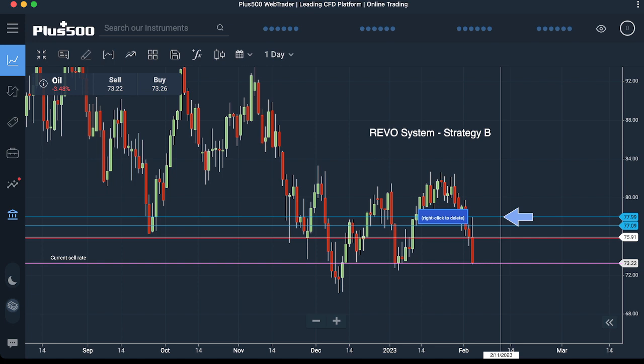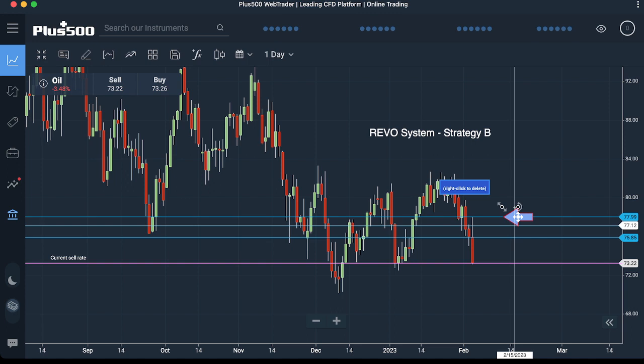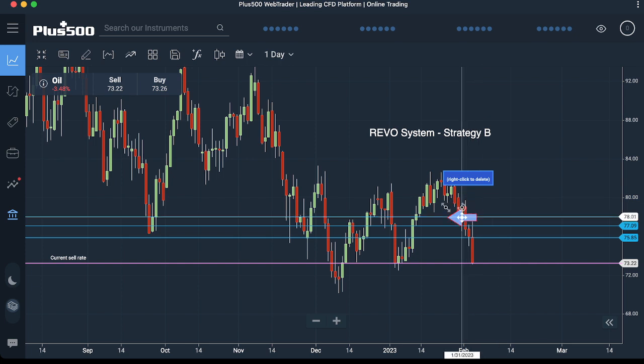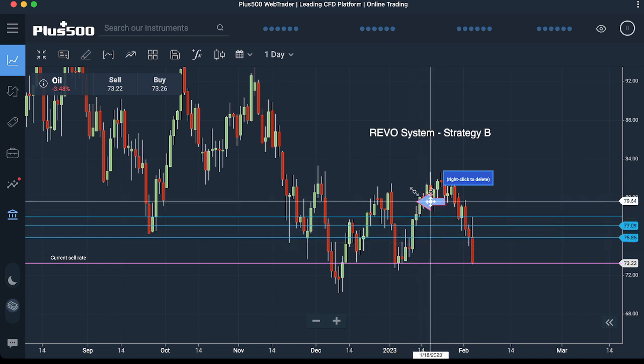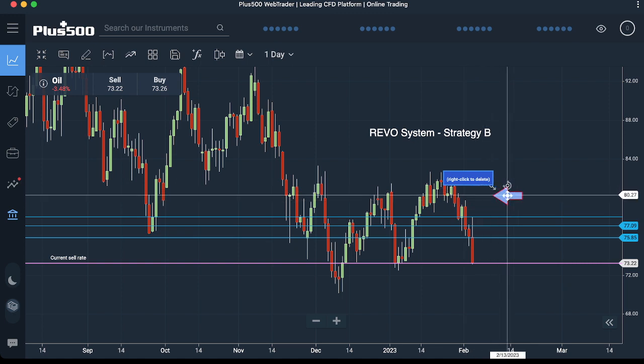Okay, so all these blue lines are the daily levels, and you can see that the first one is the fair value gap here, then we have another fair value gap here, and finally this bullish order block from the last week.